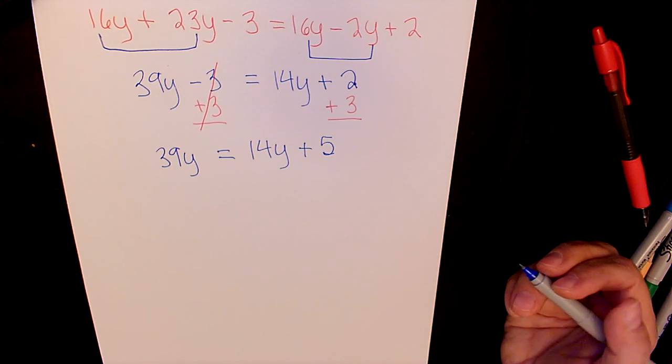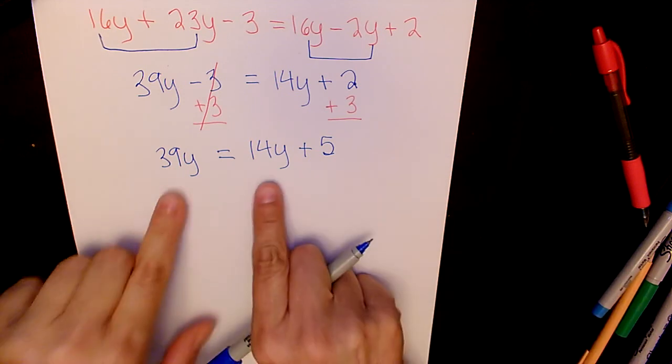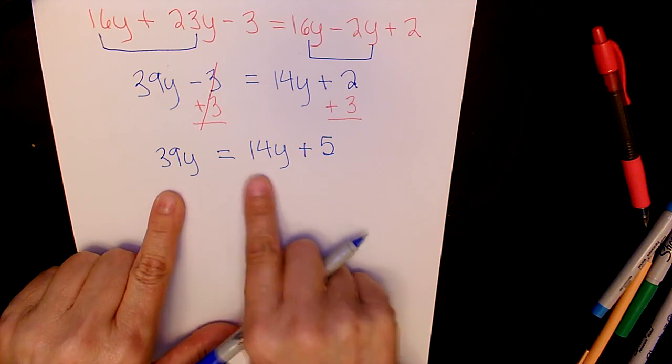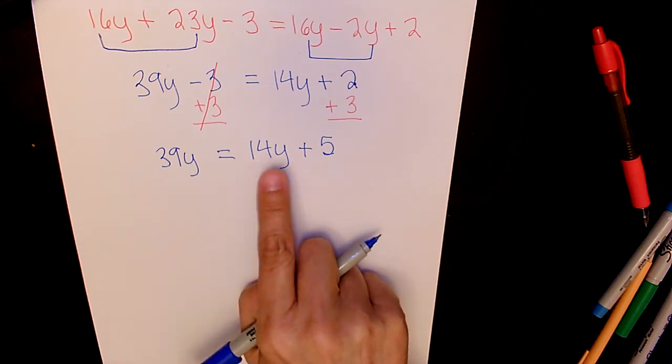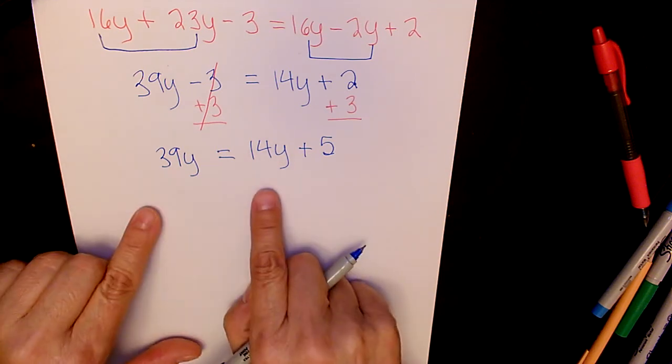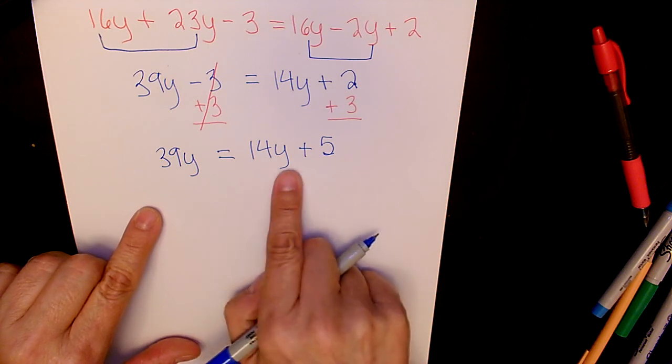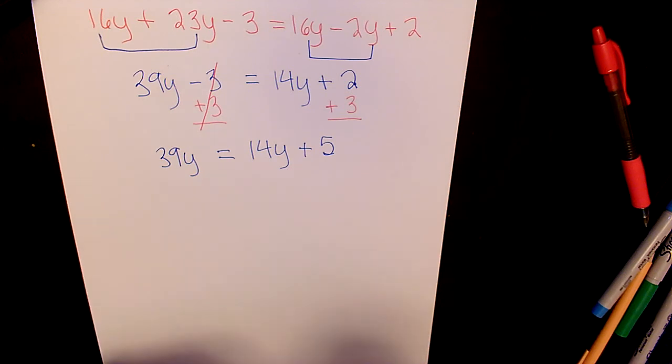And now I'm going to do a second step, and I am going to do another add or subtract, and I want to get the y's all on one side. I can subtract 14y or 39y from both sides.